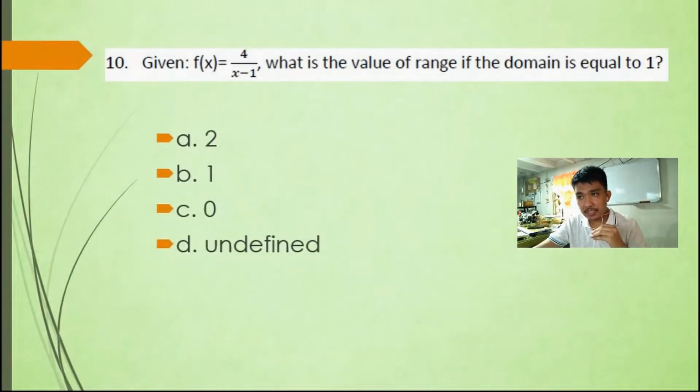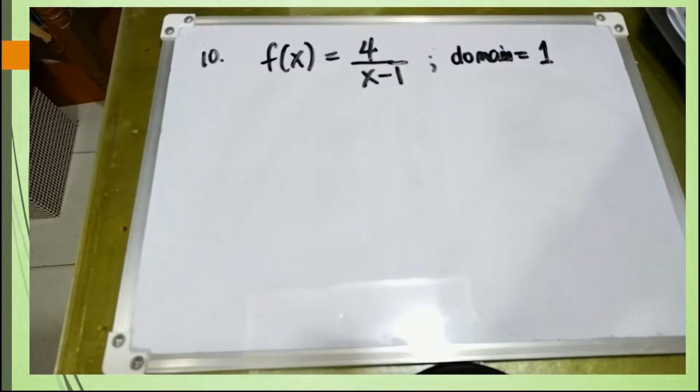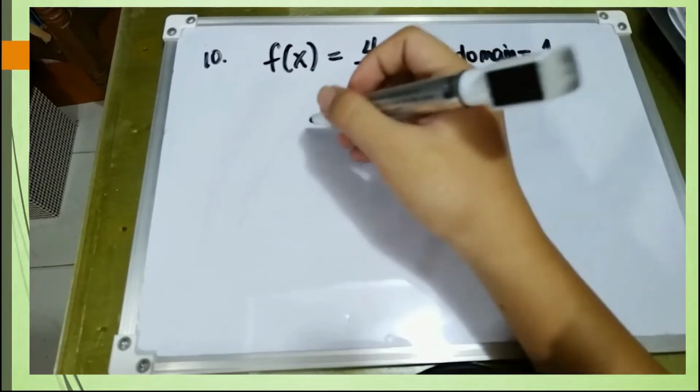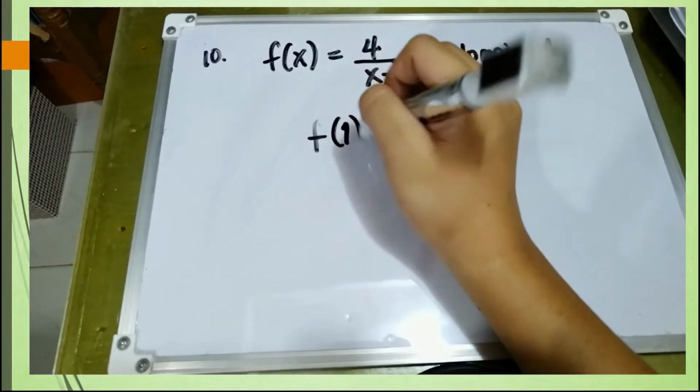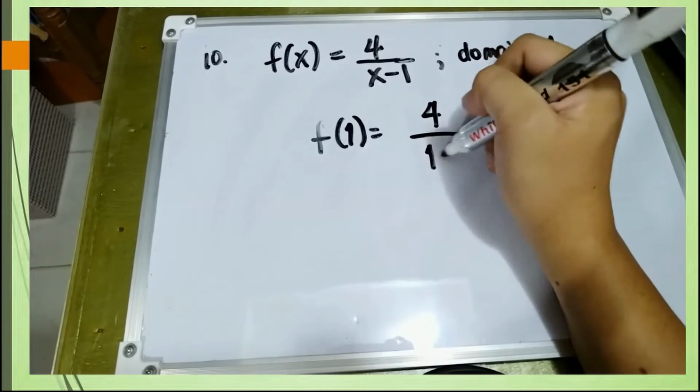Number 10. Given f of x is equal to 4 over x minus 1, what is the value of range if the domain is equal to 1? Letter A, 2. Letter B, 1. Letter C, 0. Or letter D, undefined. So, f of 1, that is equal to 4 over 1 minus 1.